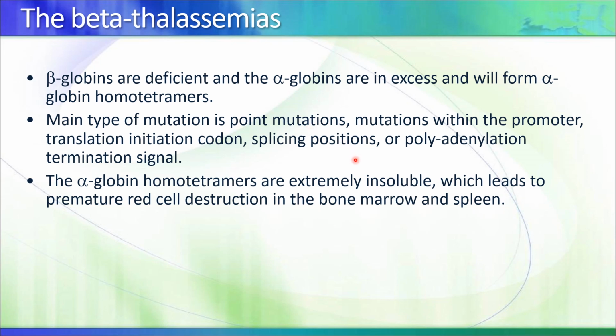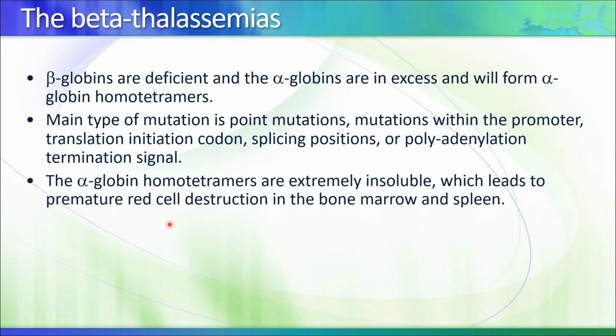You can have different types of mutations within the gene itself, the coding region that codes for proteins, or it can be in the translation initiation codon, the splicing positions, or the polyadenylation termination signal.